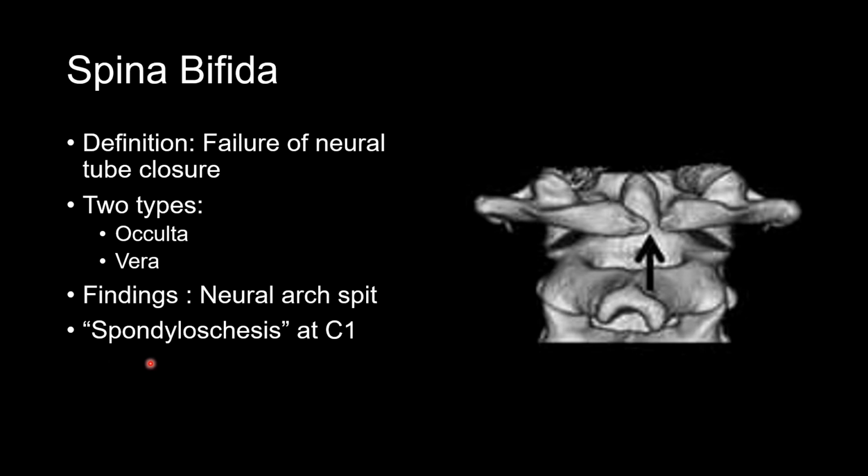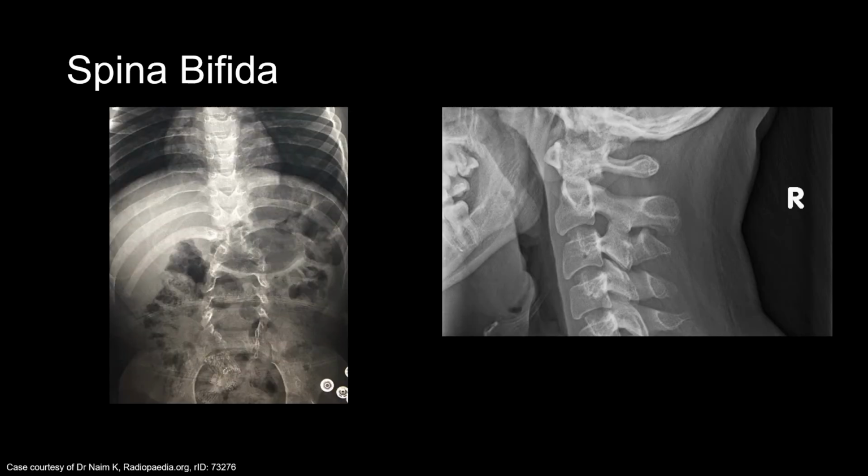At C1, it is also called a spondylolisthesis. Here at C1, there's a spina bifida occulta noted by the lack of a spinolaminar junction line that we would expect about here. And over here is showing a spina bifida vera. As you can see, the posterior elements of the lumbar spine are very wide and non-existent, so there's just a big opening in the back.